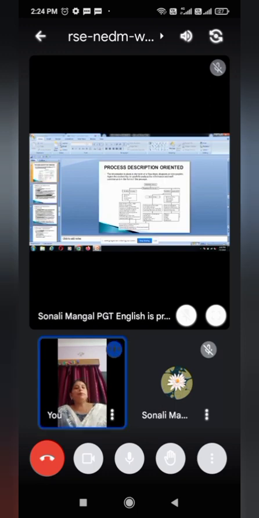Process description oriented. Here you can see some flow chart and this is a flow chart related to the situation of setback. How setback, which is a condition of mind, occurs to a person, how does its processing take place if we are a healthy minded person.